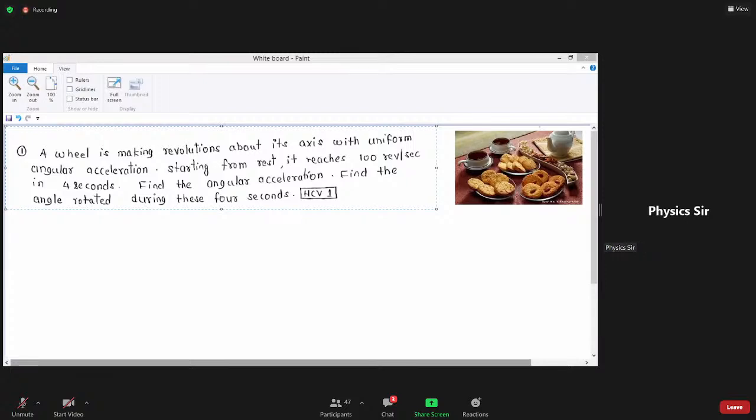ओके आ गया सब लोग आ गया, ओके ठीक है. सब लोग का चाय बिस्किट हुआ नहीं.